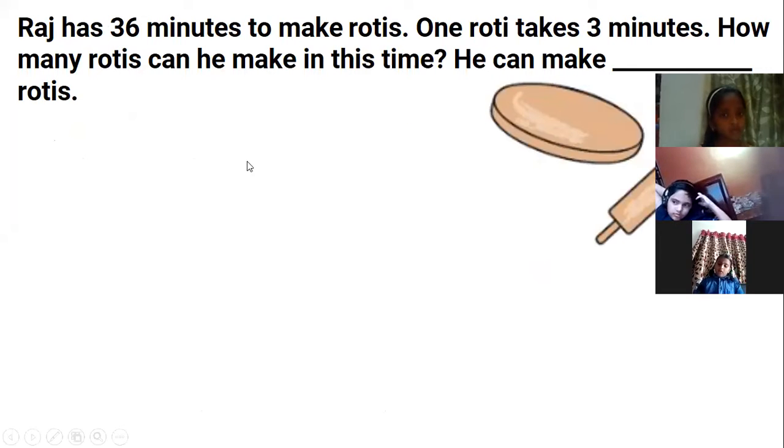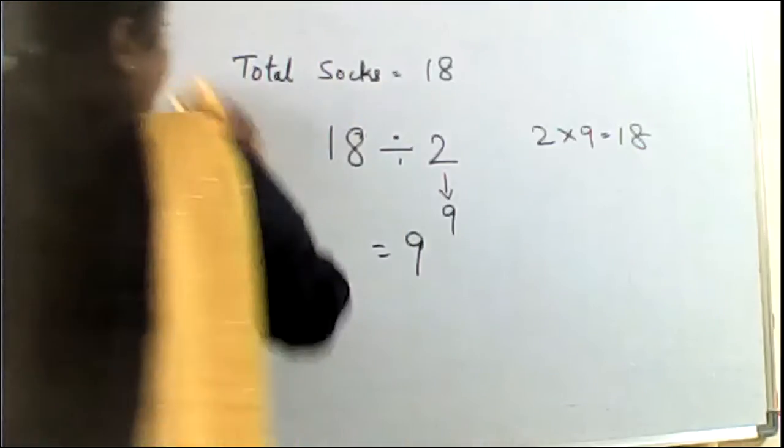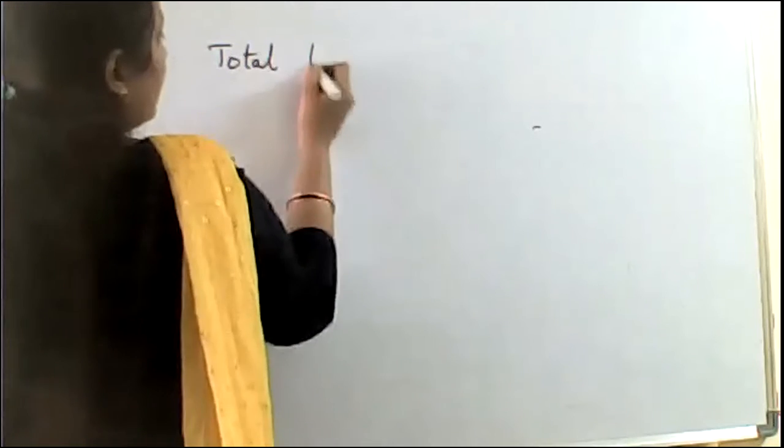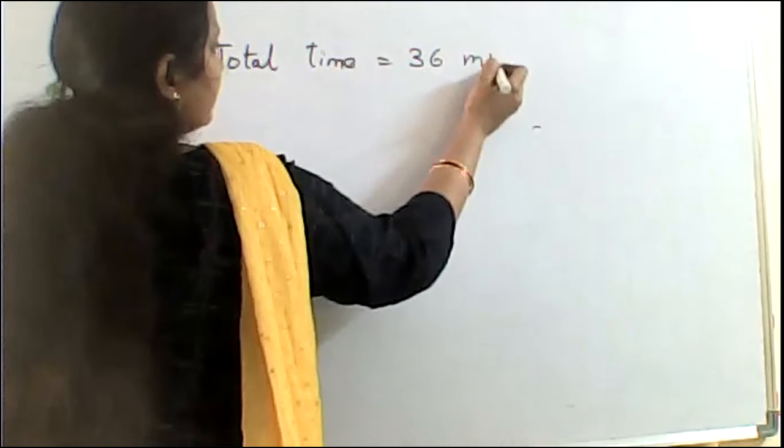So what is the statement we have here? Total time is 36 minutes. Time taken to prepare one roti is 3 minutes. How many rotis can he make in this time?